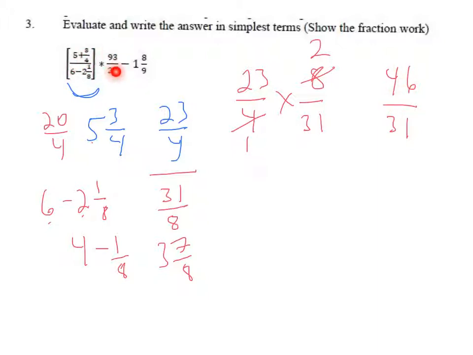Now I'm going to multiply that answer because I've got to follow order of operations. So 46 over 31 times 93 over 23. What I'm hoping you remember is how to cross cancel or simplify before you multiply. The person who wants to do a lot of work is going to multiply 46 times 93, write the answer, then 31 times 23, write the answer, then try to reduce that fraction.